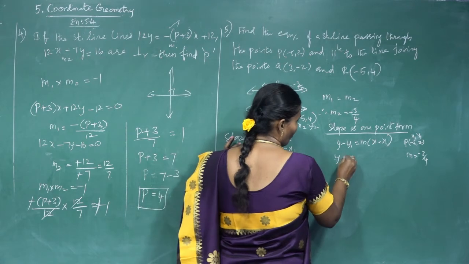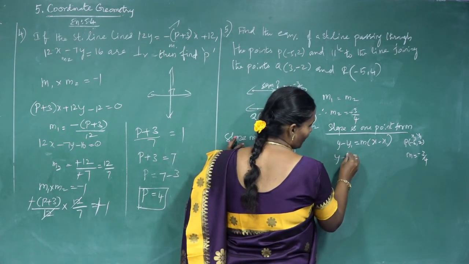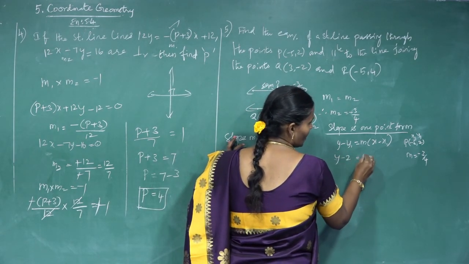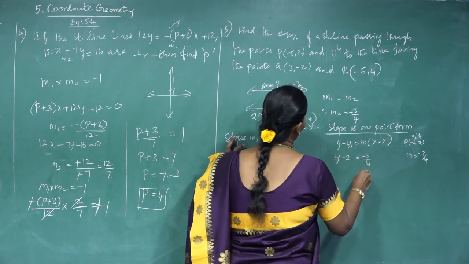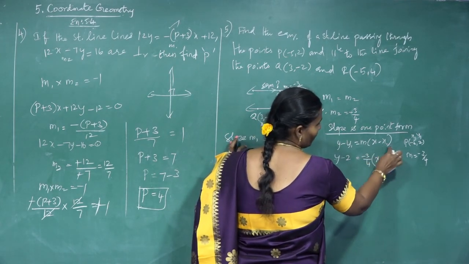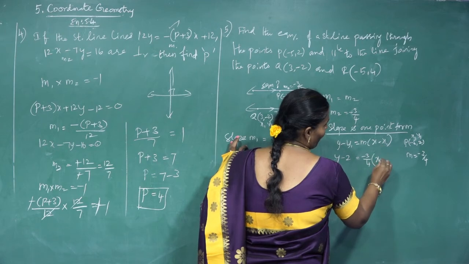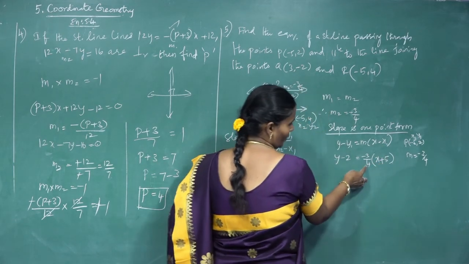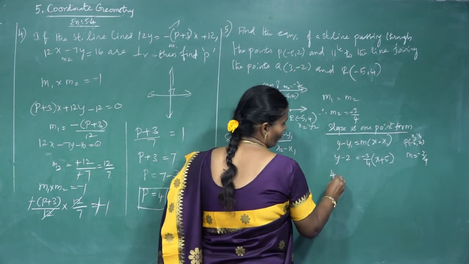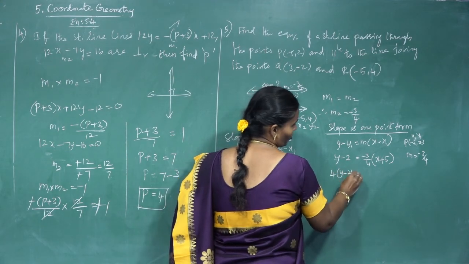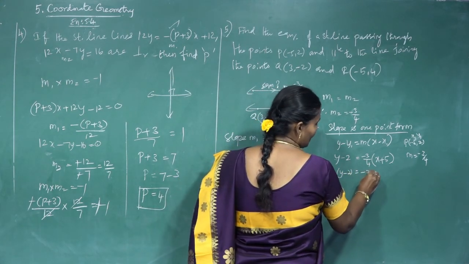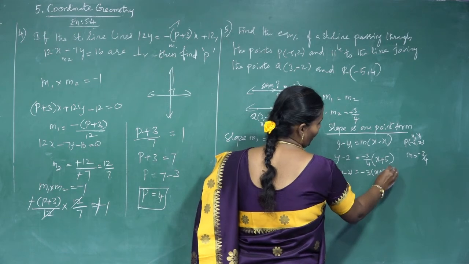Y minus y1 is y minus 2. This is equal to m, minus 3 by 4, of x minus x1, where x1 is minus 5, so minus of minus is plus 5. Now cross multiply the 4: 4 of (y minus 2) is equal to minus 3 of (x plus 5).